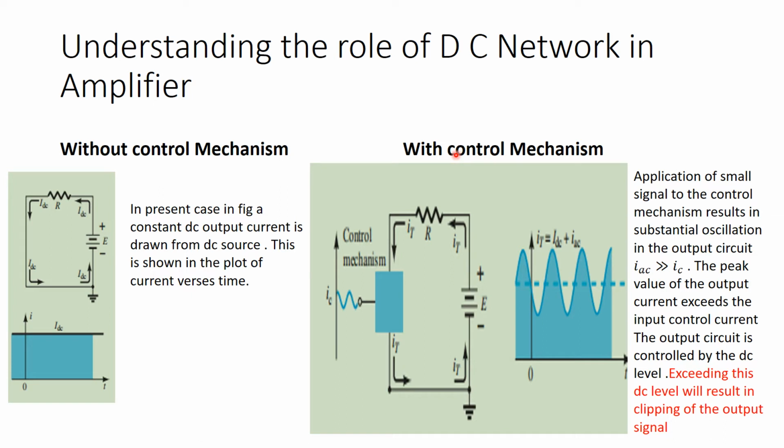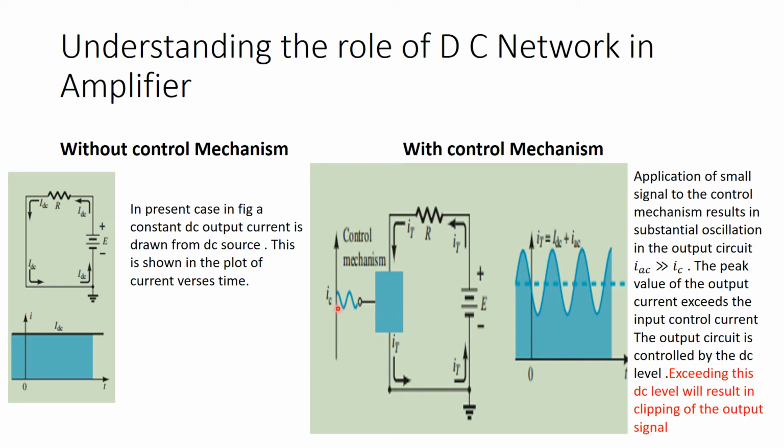Now if we use a control mechanism, the resistive component is replaced by an active component. It can be a diode, BJT, FET, E-MOSFET or others. This is used for current control through the active device.